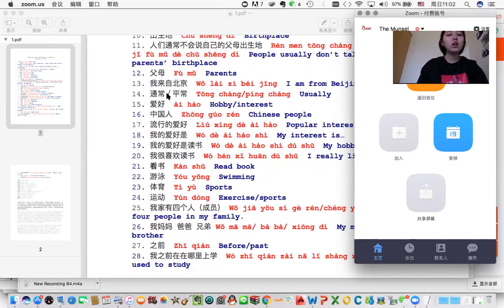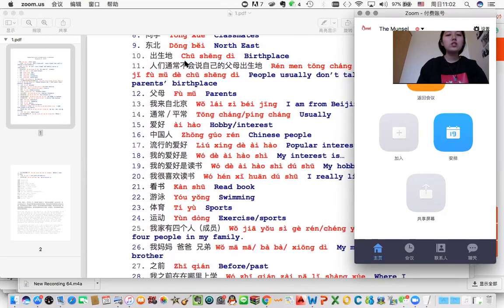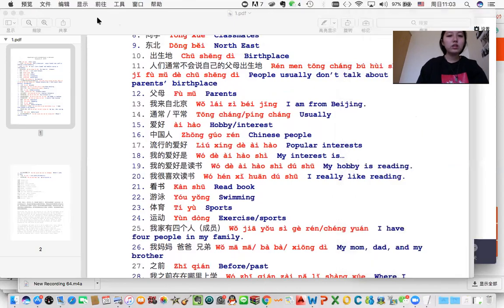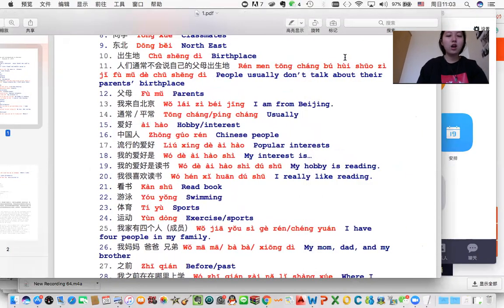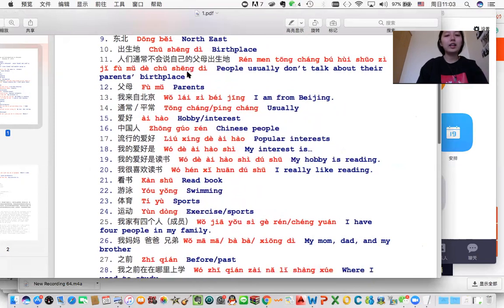You can also say 平常, that's also usually. 不会 is don't. So remember 不 is no and 不会 is they don't. 说 is talk. 自己的父母出生地, that's a little bit hard. We'll come back later, in later classes.